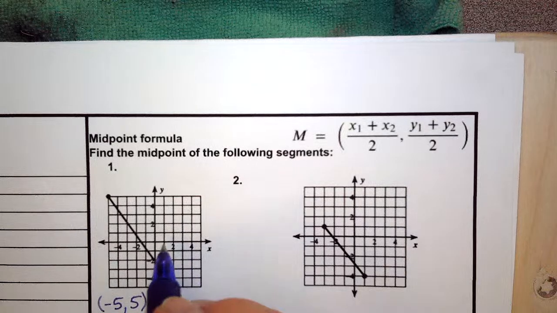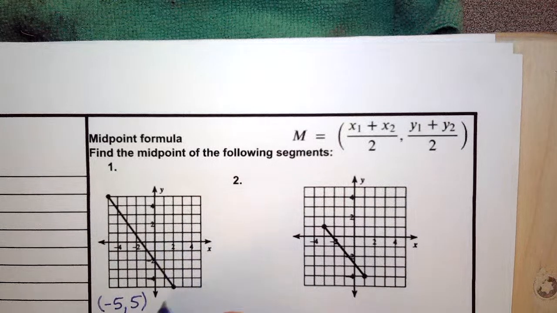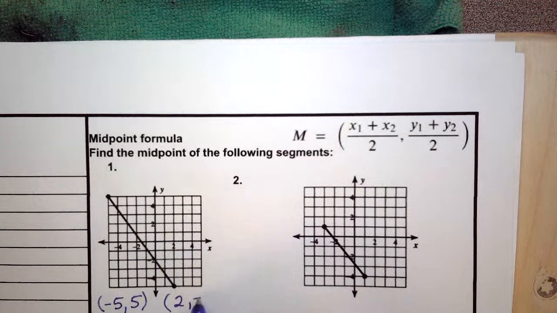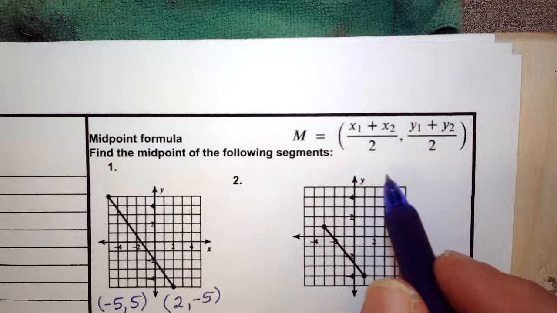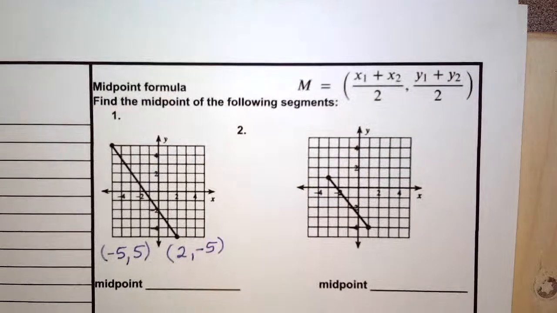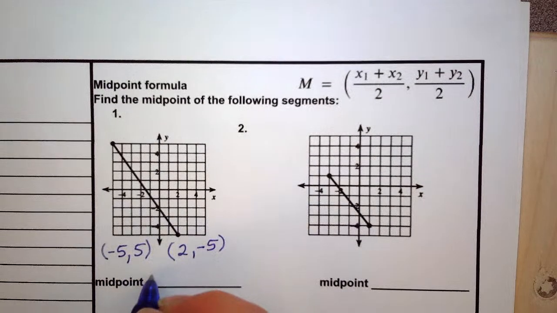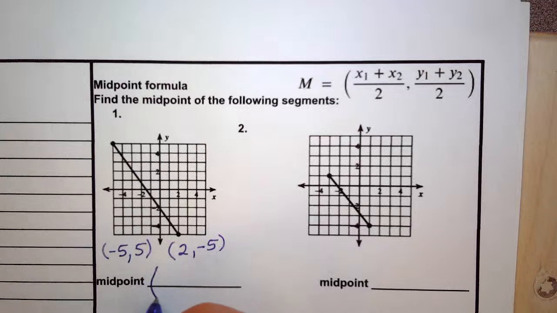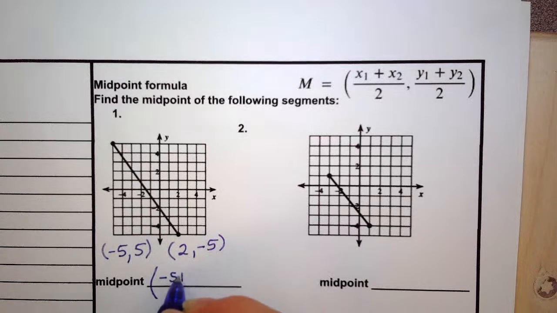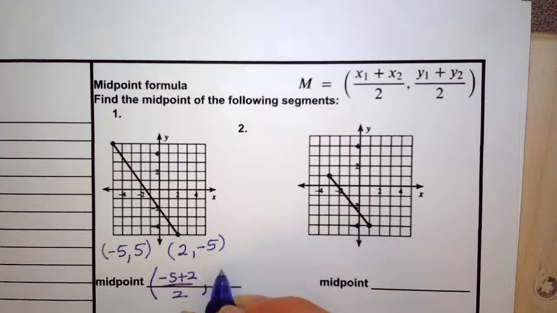My second endpoint is 2, -5. To put it into my equation, it becomes -5 plus 2 divided by 2, 5 plus -5 divided by 2.